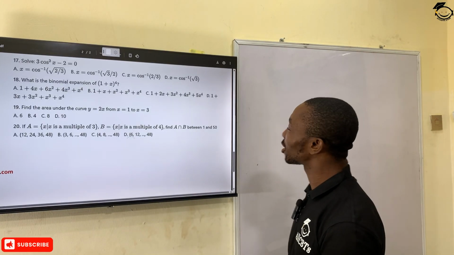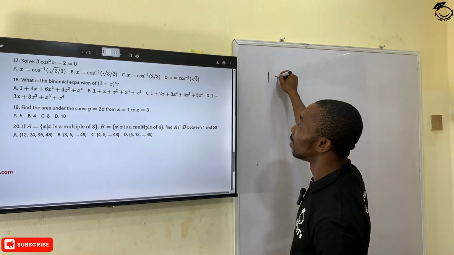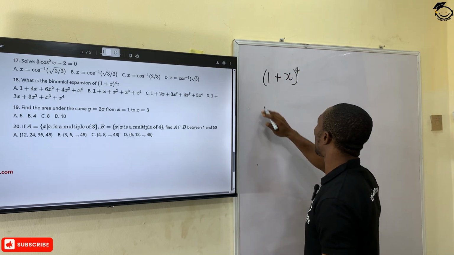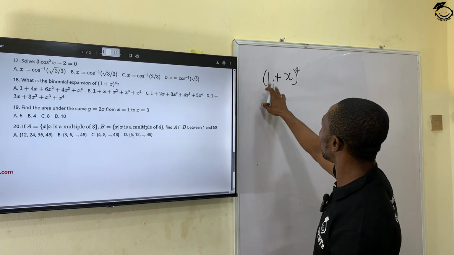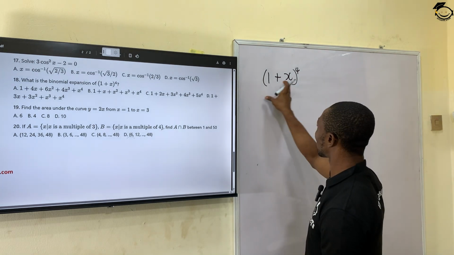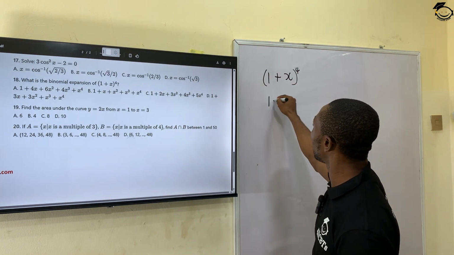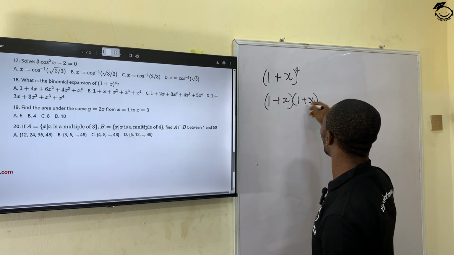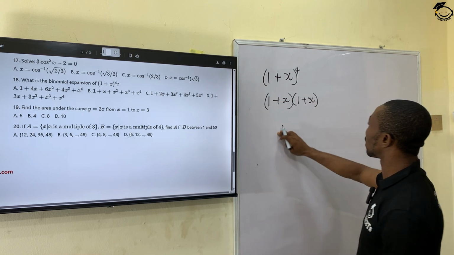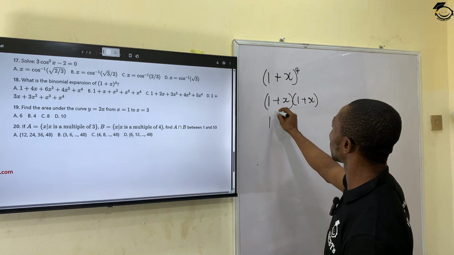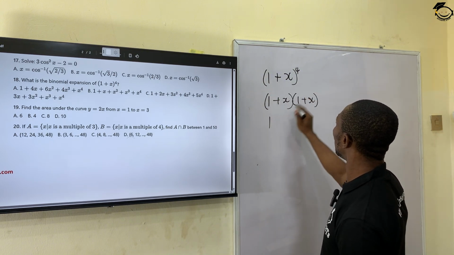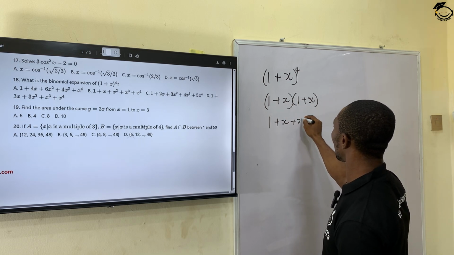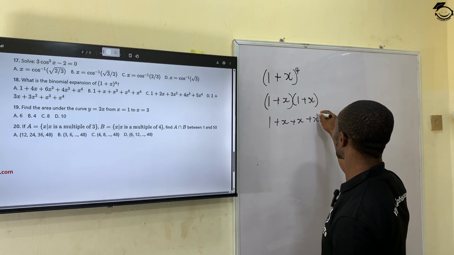What is the binomial expansion of 1 plus x raised to the power 4? In order to do this, we'll multiply 1 plus x by itself 4 times. So this becomes 1 plus x, 1 plus x. Step by step: 1 times 1 will give us 1, plus x. x times 1 will give us x, plus x squared.